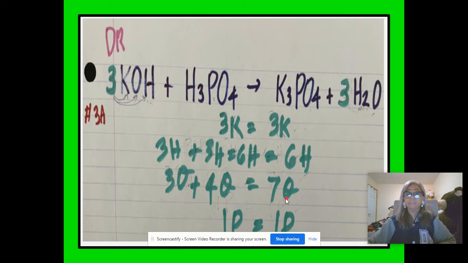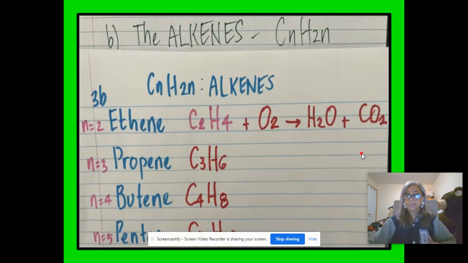So oxygen now is balanced. And last but not the least, you have P here, phosphorus. 1P on the left and 1P on the right. So already balanced there. There you go. That's for this equation.